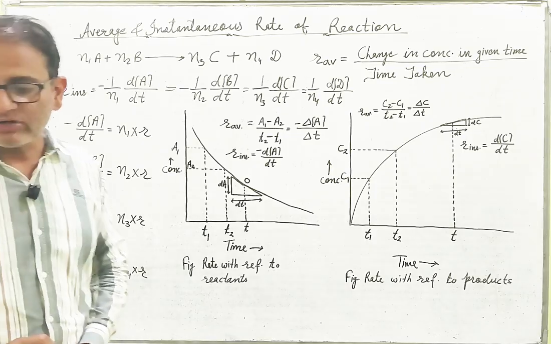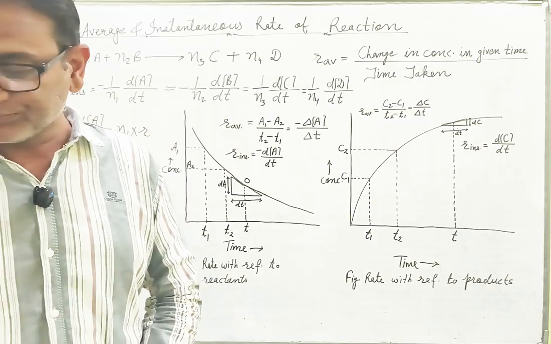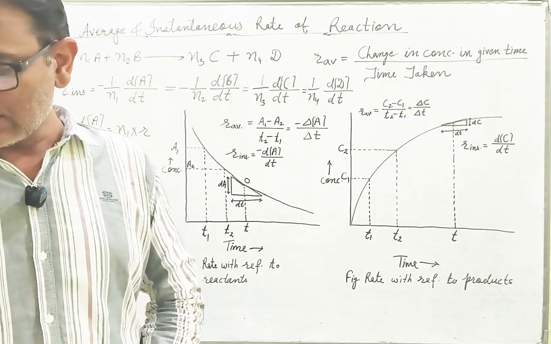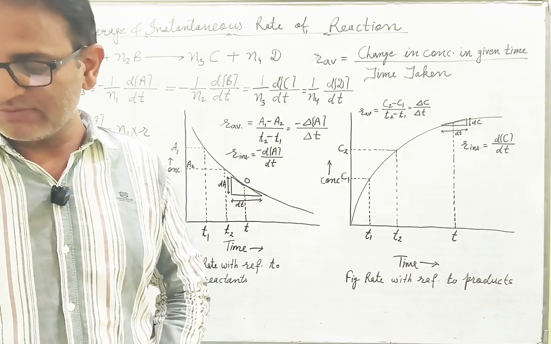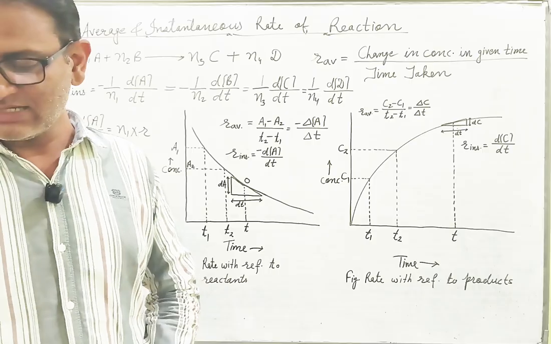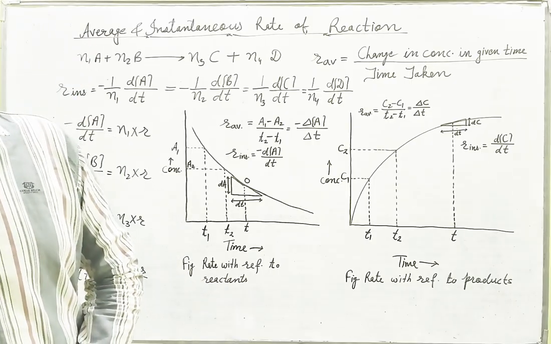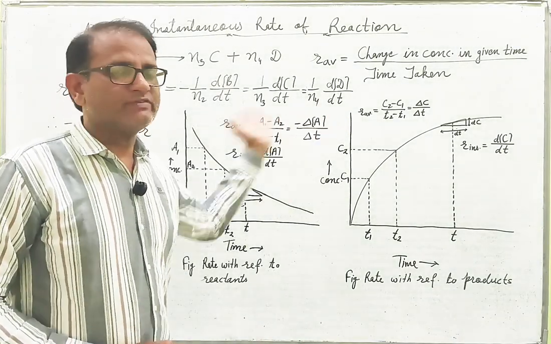Okay. For instantaneous rate at time t, a straight line is drawn to cut the curve at a point corresponding to the time t. Then a tangent is drawn to the curve at that particular point, and that is what we have done.